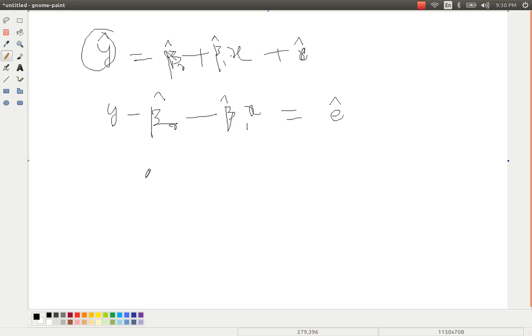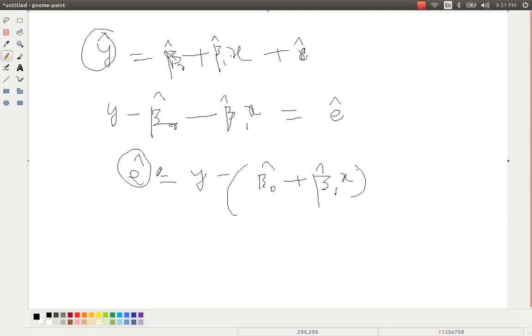So we can find the error by subtracting both beta naught plus beta 1 x. We just have to take the right side expression to the left, and then we'll get the error.